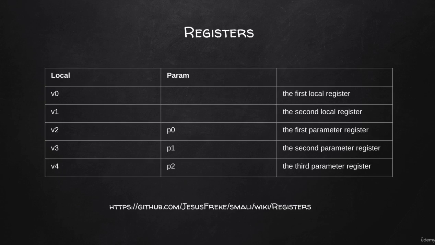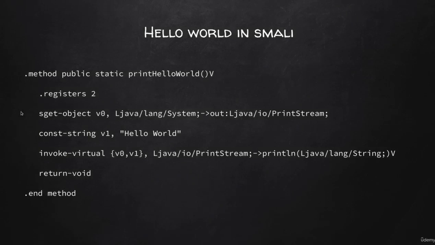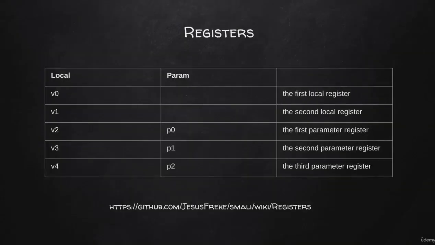Now how can we specify the number of registers in a method? Because in the previous example we have seen that there was a register mention, like register 2. So there are actually two ways of specifying how many registers are available in a method: either with the .registers directive or with the .locals directive.